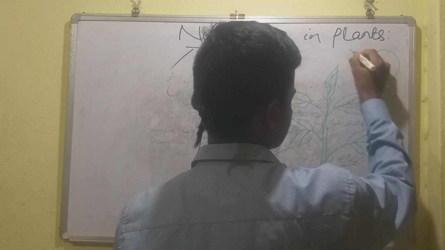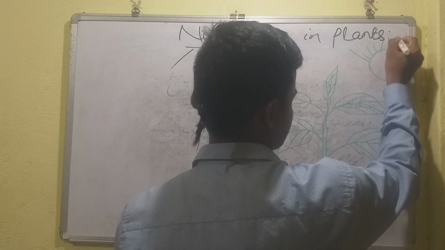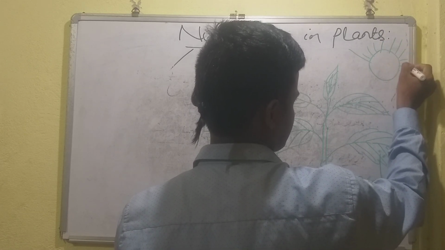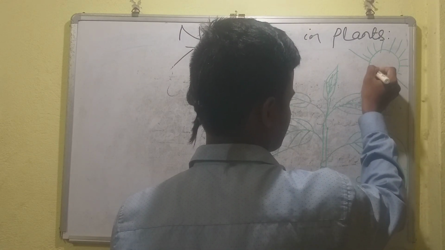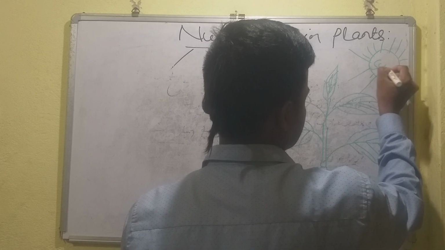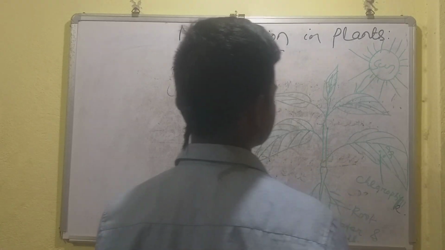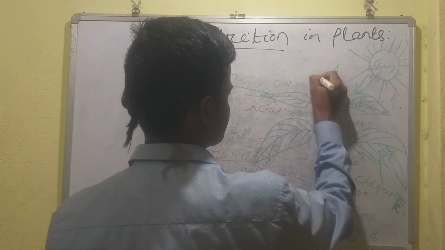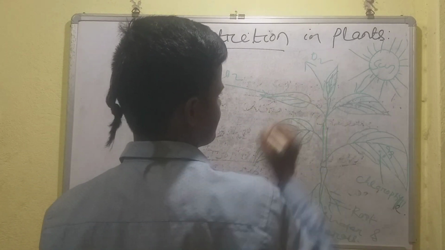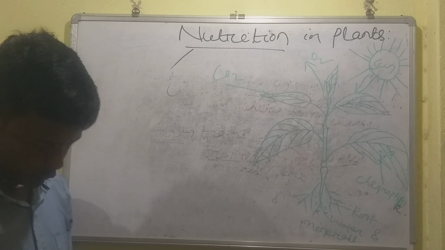Here is the sun. Plants will get sunlight. Carbon dioxide will be taken from the atmosphere and oxygen will be released. Right?